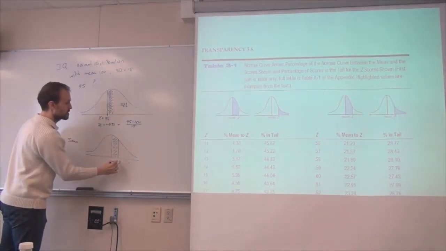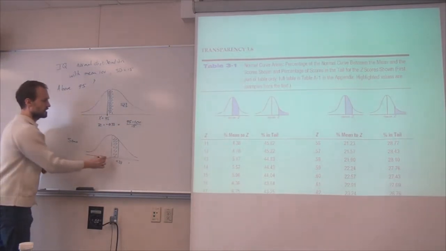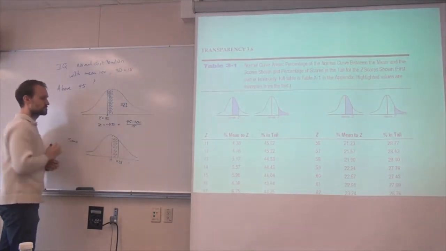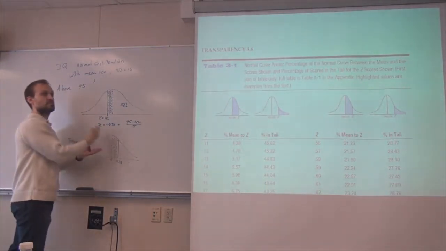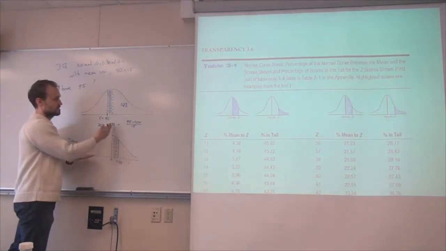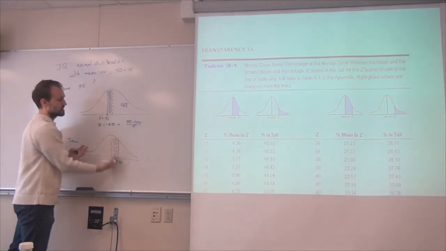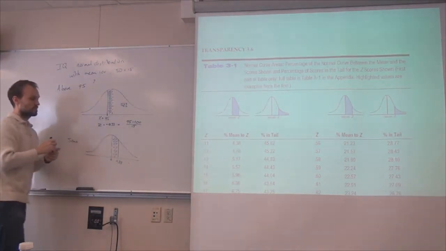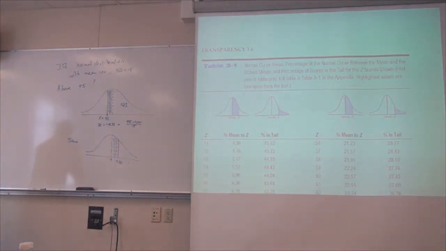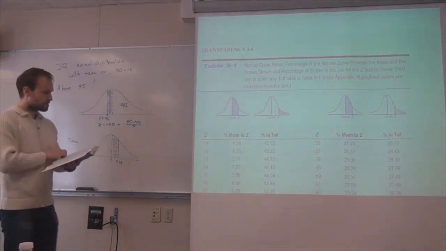So that is going to be a 0.33 and a 0. Because of the symmetry, this cuts it in half exactly, so if I fold it on this 0 line, it's exactly the same. So I'm going to look for a z score of 0.33.